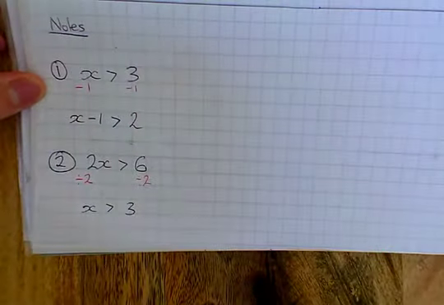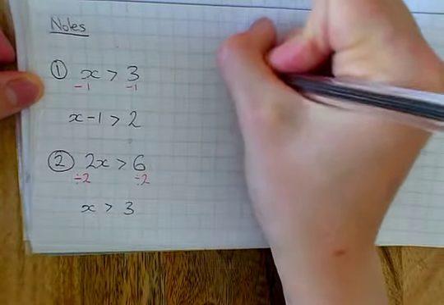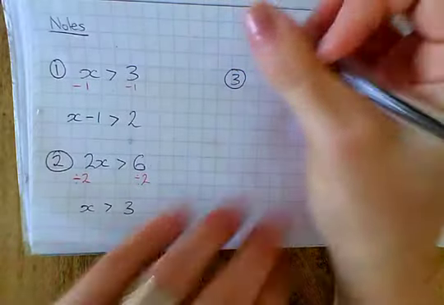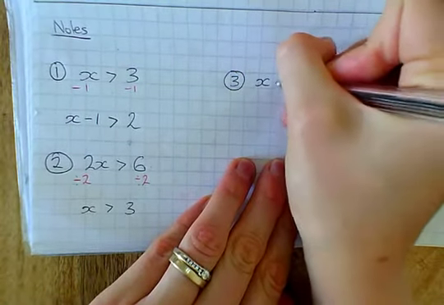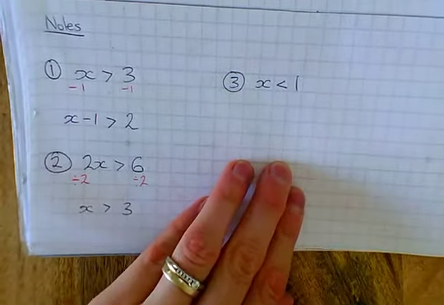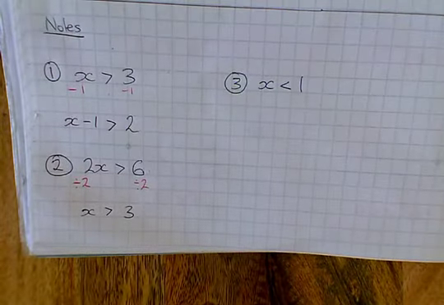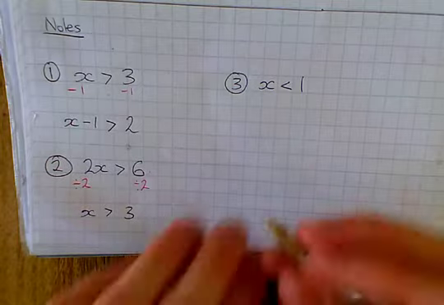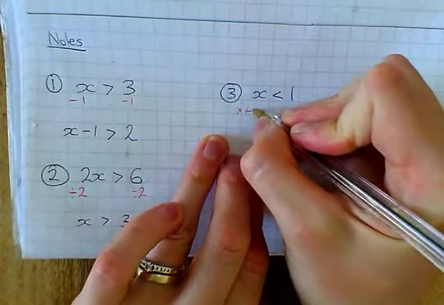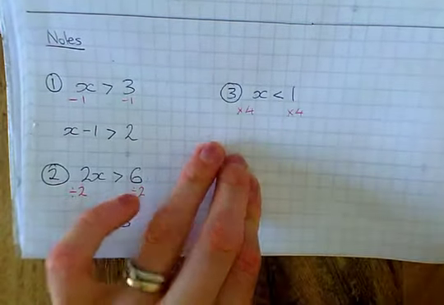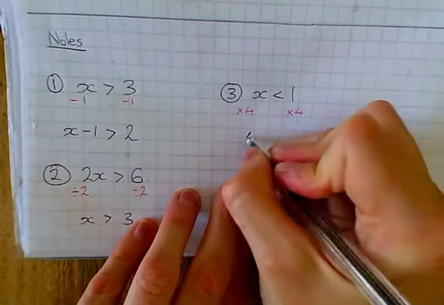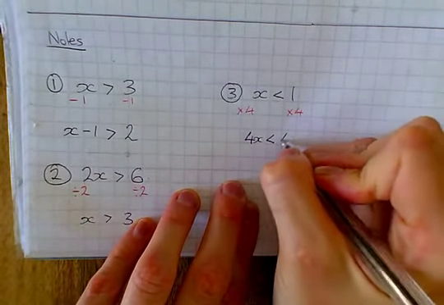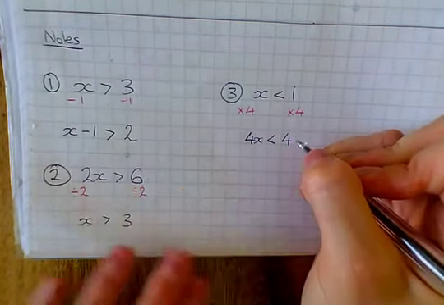If we have a look at the third one, I'm going to say x is less than 1. Now we can multiply both sides of my inequality by any positive whole number. So if I'm, say, going to times both sides by 4, then 4x is less than 4 also holds.